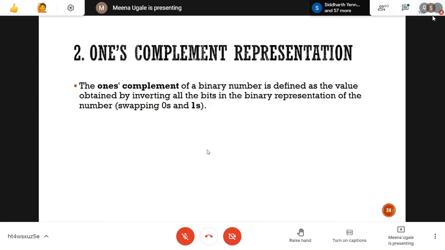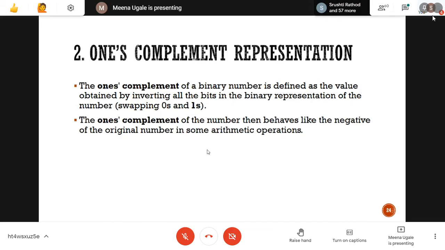Inverting means if it is 0, I will make it 1. If it is 1, I will make it 0. Swapping of zeros and ones with each other. When I do this, the ones complement of a number then behaves like the negative of the original number in some arithmetic operations. Because I am just inverting the bits, it acts as a negative number.